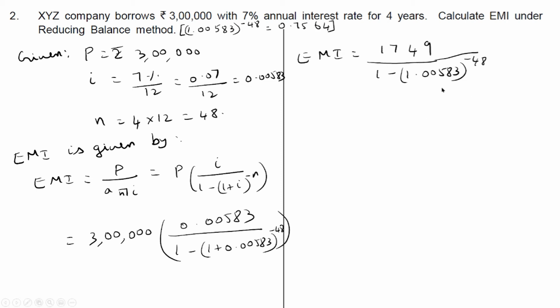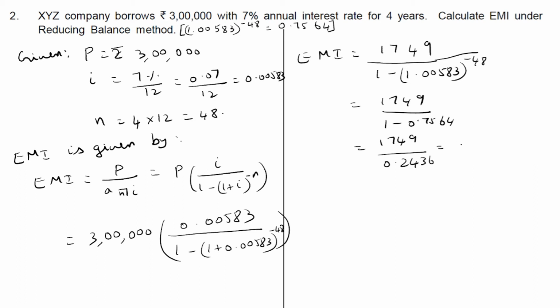Now the value of this will usually be given in the question. The value of 1.00583 the whole raised to minus 48 is 0.7564. So it is equal to 1749 upon 0.2436.